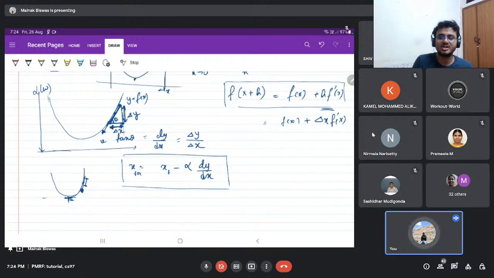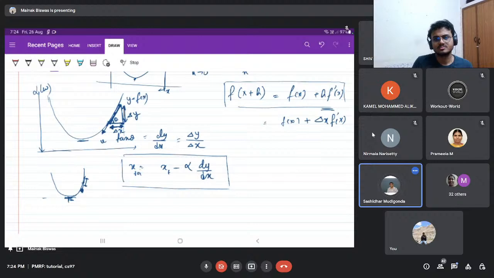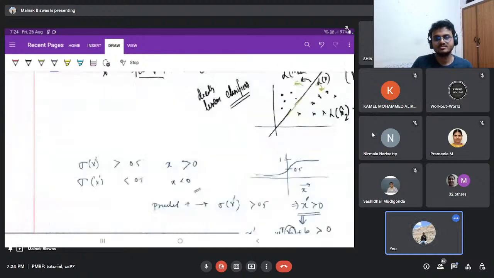If you follow the tangent, you can trace the curve and finally reach this minima. Is the intuition clear? That is the reason why the derivative of the sigmoid function is done. Yeah, that is the importance of the derivative of the sigmoid function. Is that okay?